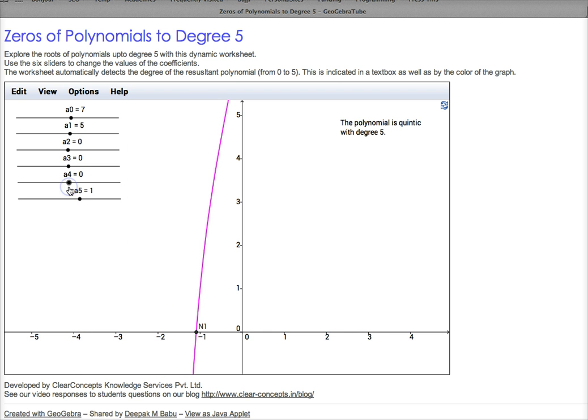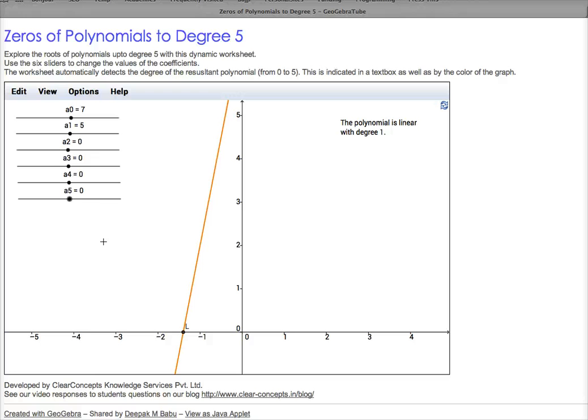As you can see, you need to go back to the experiment. I'm sorry I didn't mention that. Please go back to the experiment and look at what I'm doing. Can you see that I have set a0 equal to 7 because that's the coefficient of the term x raised to power 0.